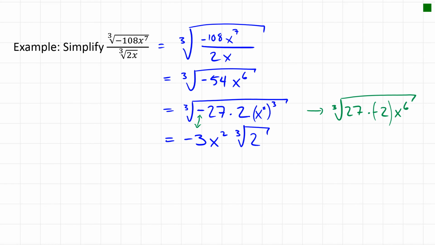If you can pull that negative out, you should. So include it with the negative 27, take the cubed root of it, and your math teachers in this course and in the rest of your life will be much happier with your answers. If you leave that negative inside the radical, you're not going to be marked fully correct for your answer.